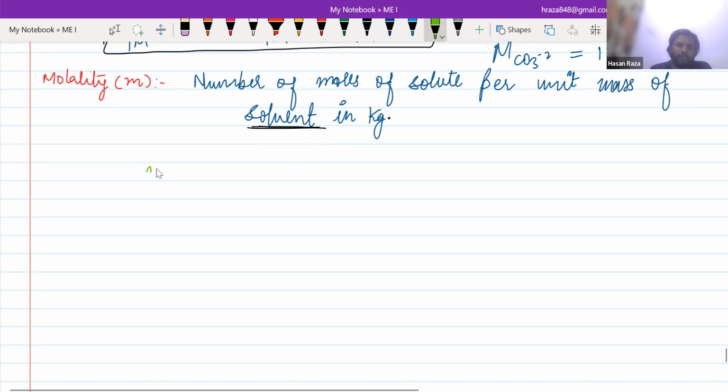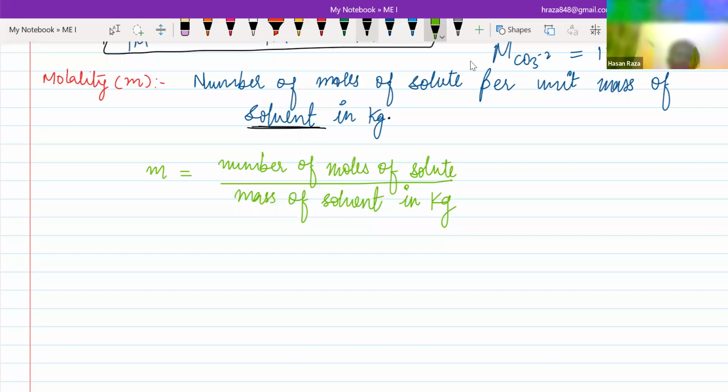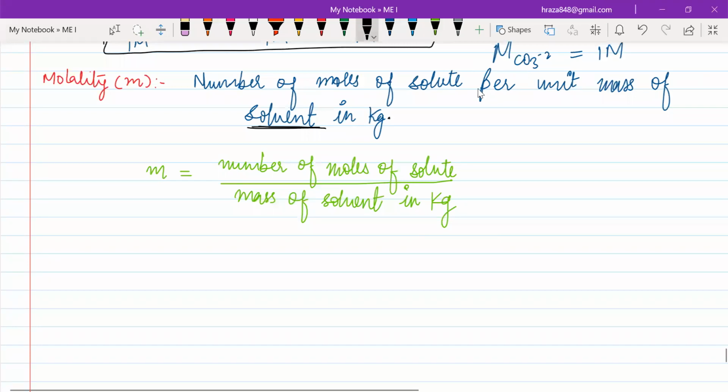So we can also have a mathematical formula for this: molality is equal to number of moles of solute upon mass of solvent in kg.